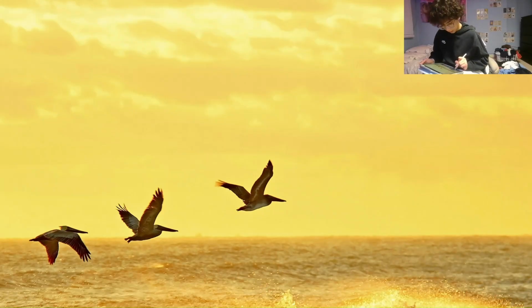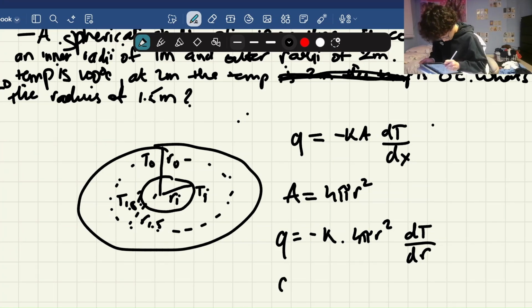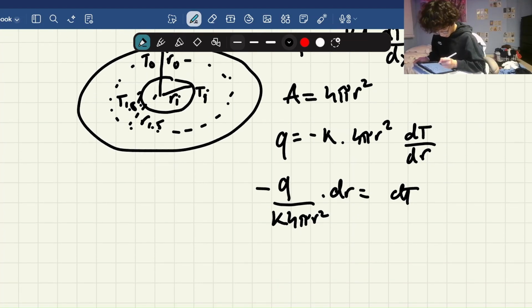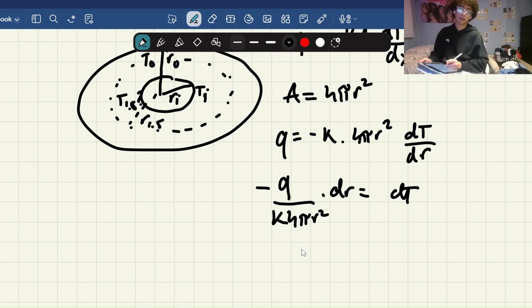Oops, sorry. Q divided by, let's put the negative sign here, K 4 pi r squared times dr equal to dT. So we just separate those variables, and put the constant on the outside.